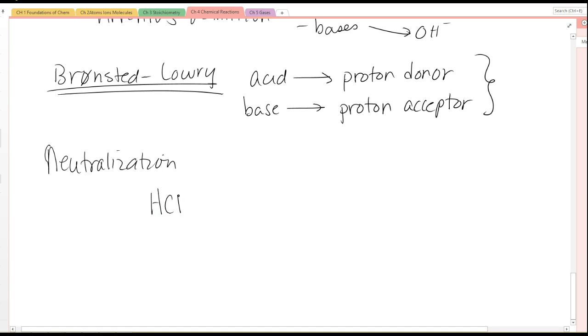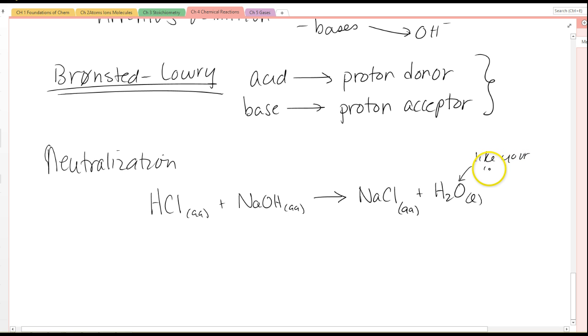For example, one acid, hydrochloric acid, when we put that together with a base, sodium hydroxide, we see that it will make NaCl and water. Now the NaCl, it's got sodium in it, so it is aqueous, but the water is a liquid. It's not a dissolved substance. So there's sort of like your precipitate. Okay, it's not a solid, but it is a liquid substance.